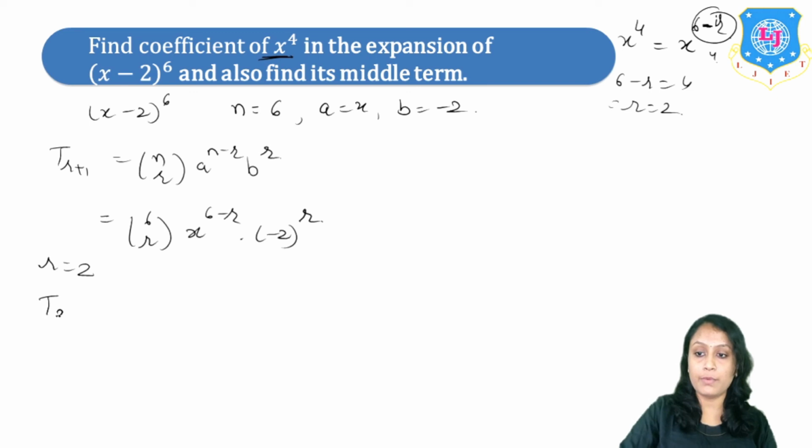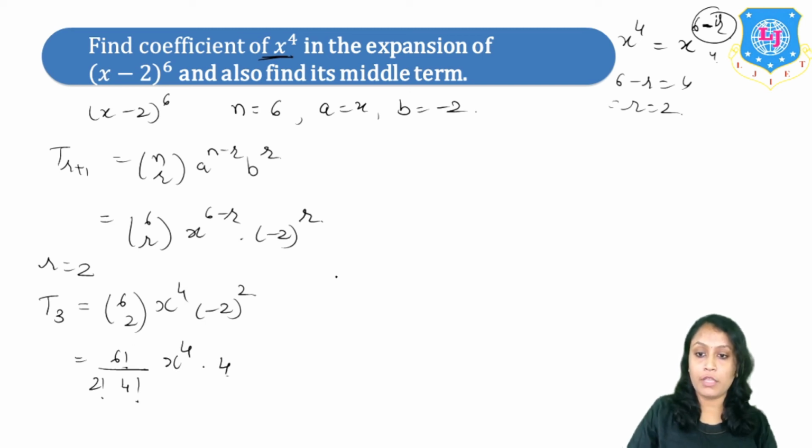Substitute over here, so you will get here the third term. So this is 6C2 x raised to 4 into minus 2 raised to 2. Now here we will use the nCr formula, that is n factorial upon r factorial into n minus r factorial. n minus r, that is 4 factorial. Here x raised to 4 and here minus 2 square will give you 4. We will simplify this. So t3.